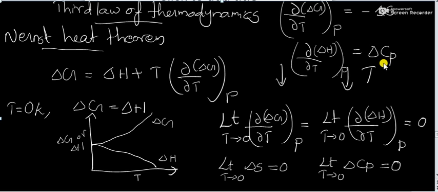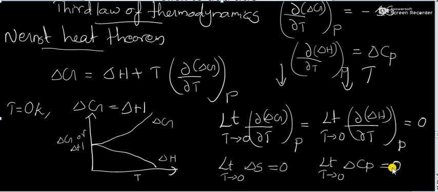Introducing these two equations in these limiting equations, we get results that limit T tends to 0, delta S equal to 0 and limit T tends to 0, delta Cp equal to 0.